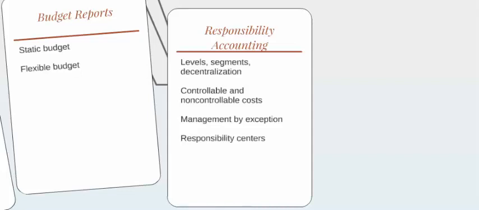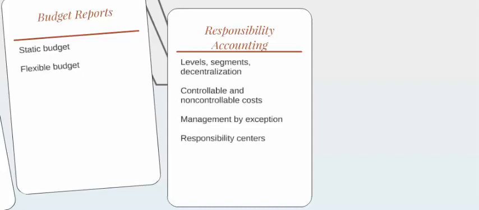I mentioned this already in one of the conditions, but there's a difference between controllable and non-controllable costs, and that's very important in responsibility accounting. So it's a big issue that you want to isolate just those items, whether that be, we'll talk about specific things that you'll see on responsibility reports, but you want to isolate just those that manager or that segment or that level could control.